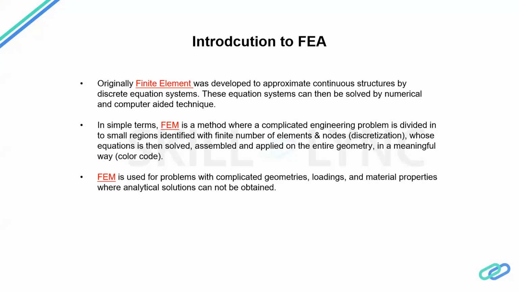After you solve for each of these small parts, you put them together in a meaningful way and conglomerate everything to form the holistic solution. So you have the big problem, you break it down into smaller problems, you solve these smaller problems, then assemble them together to understand how the entire product or part will perform under the given set of situations. So this is what the finite element method basically deals with, right?